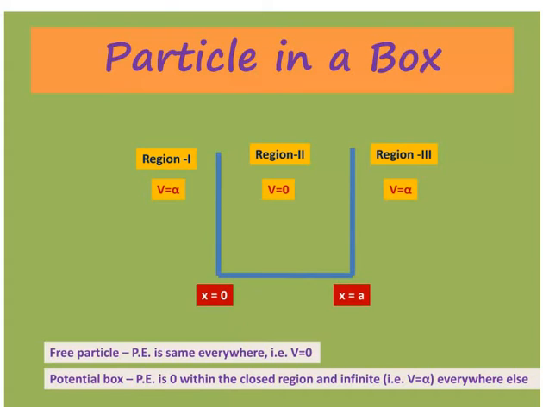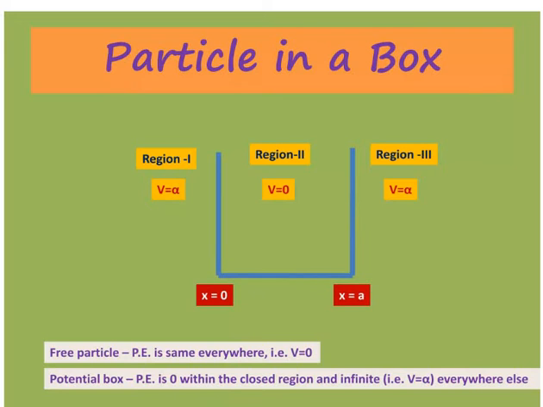Now particle in a box, you can see region 1, here region 3. This is not minus, this is a hyphen. So region 1, region 2, and region 3. So you can see V is equal to infinity, V is equal to 0 inside, and V is equal to infinity.